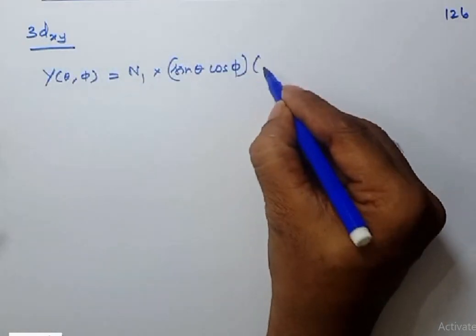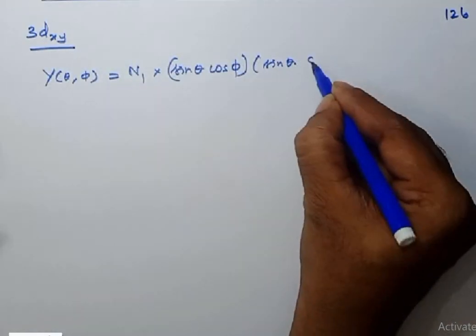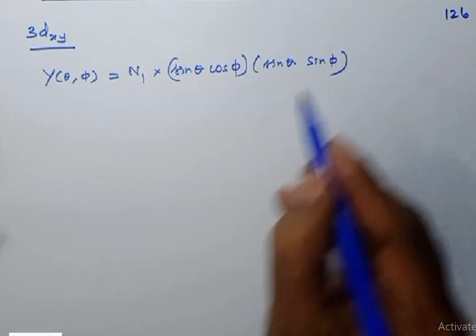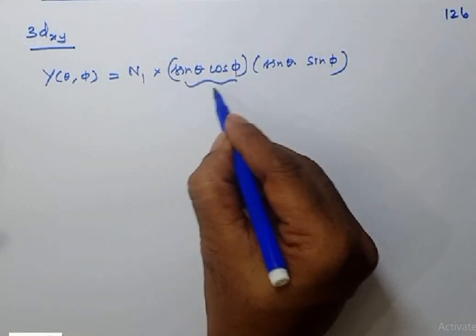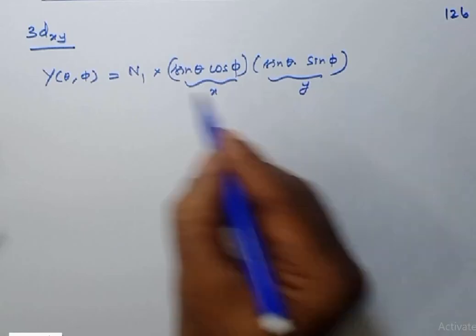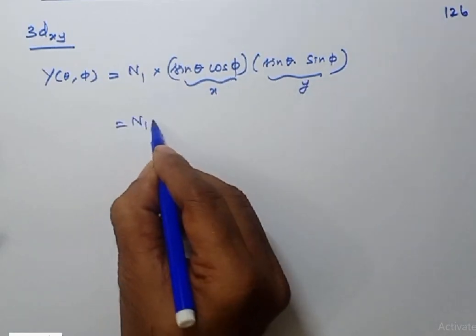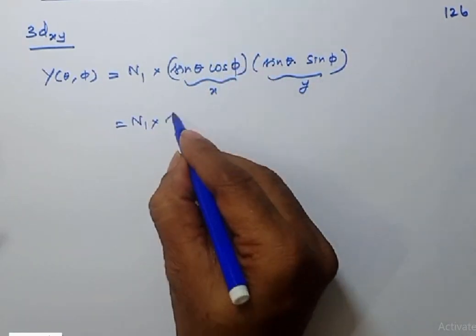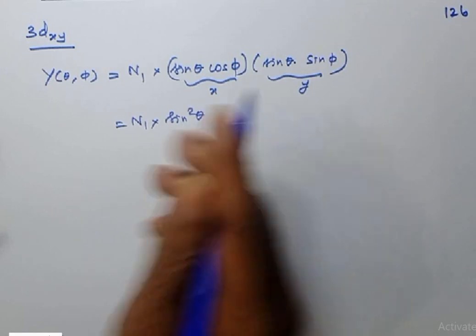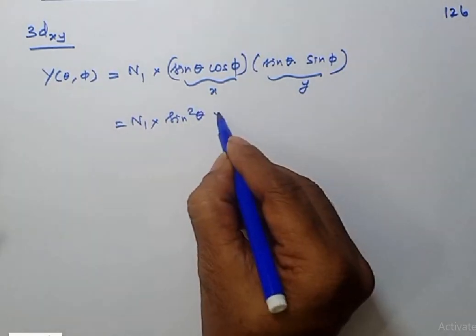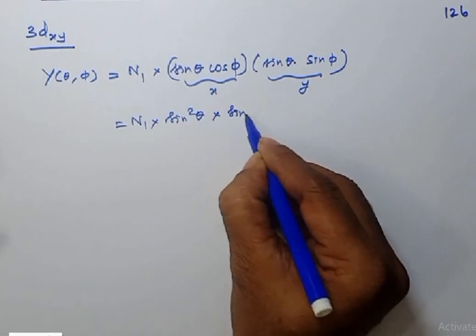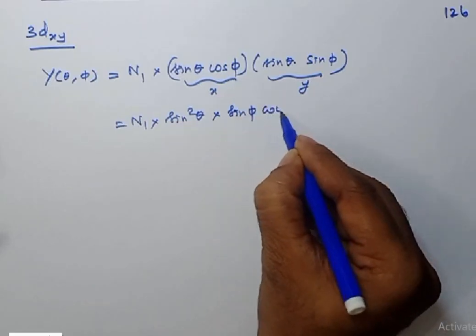What is y? Sin theta sin phi. This is x and this is y. You multiply these two. So n1 into sin square theta, and here we have sin phi, here we have cos phi.